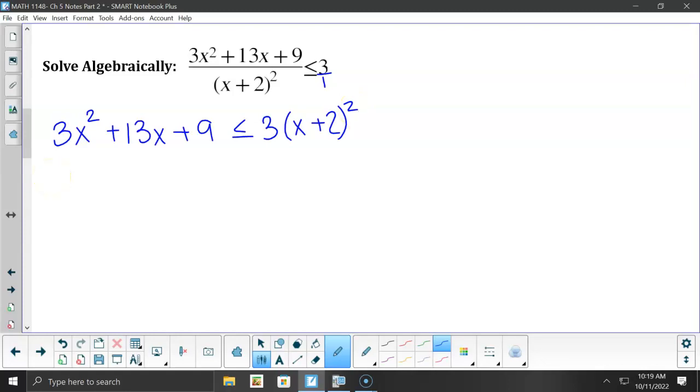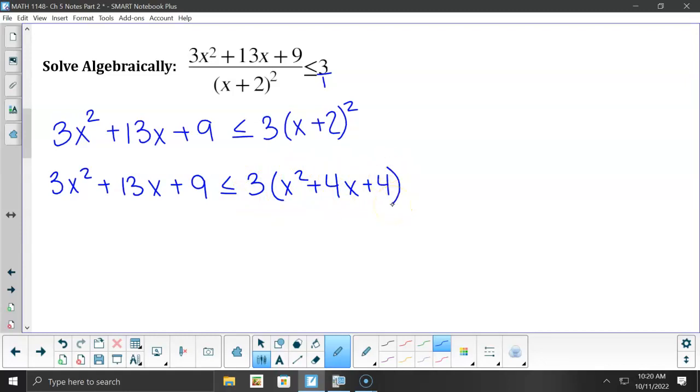Now, as much as this is going to suck, you do need to FOIL out that right-hand side. Distribute that 3 in. Now my recommendation is to move everything with an x to the left.